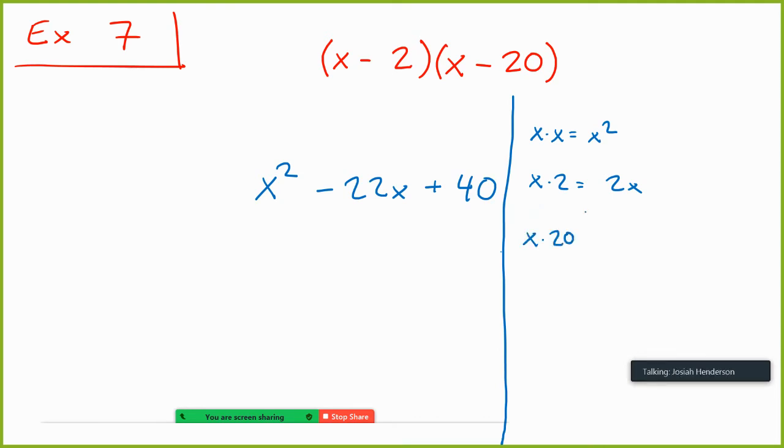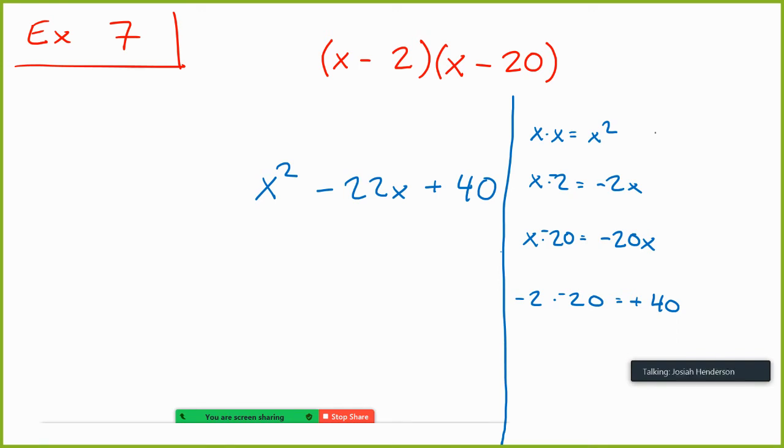Negatives. So for each one, we had a negative, -2, -20. And then I did 20 times 2, which is 40, and then I added the -20 and the -2, and it got me -22. And then I added the x to the 22.